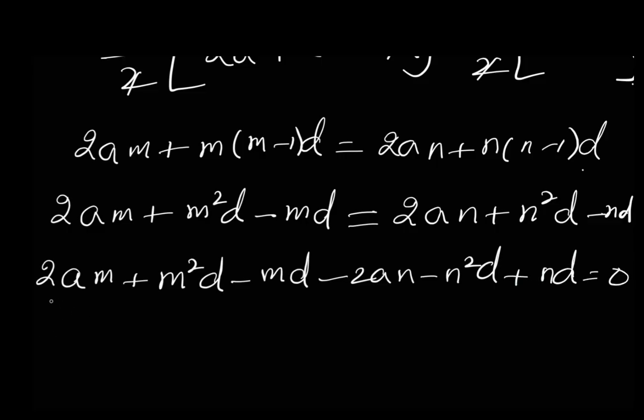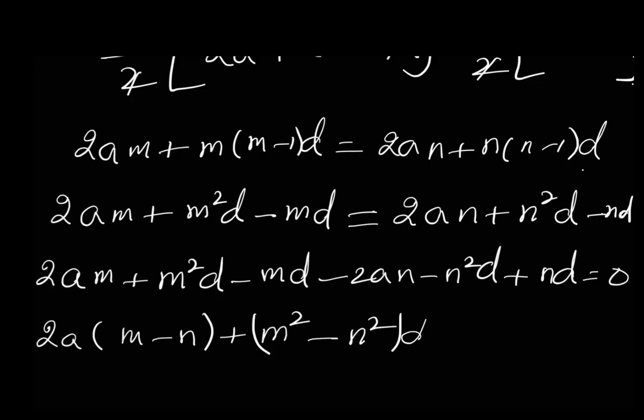Now you group the terms 2a, 2a. So 2a is common here. You will get m minus n. And then here d, here d. See, plus m squared minus n squared d. This one and this one. And here minus md and plus nd.